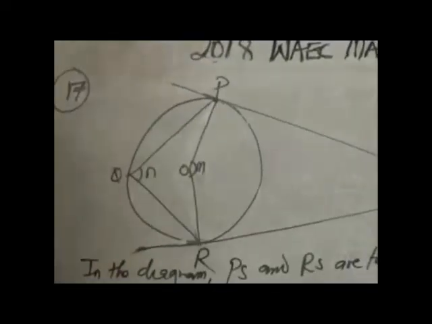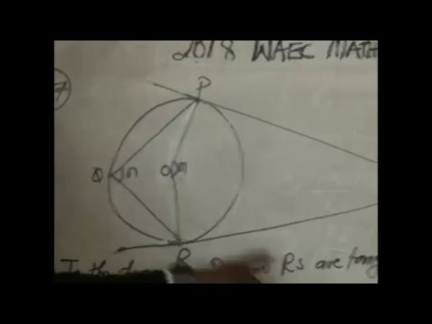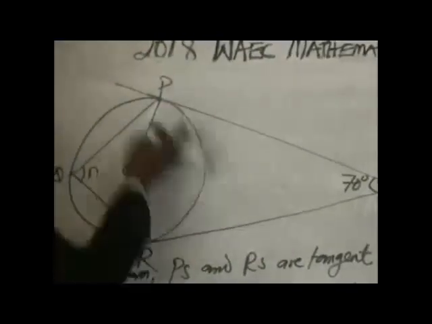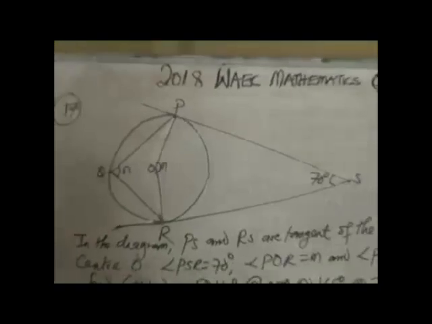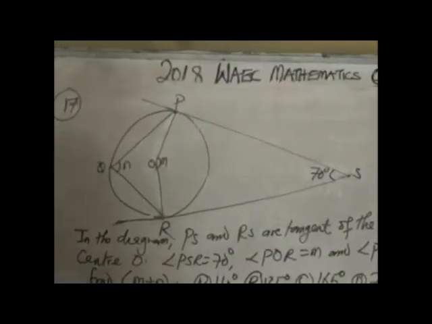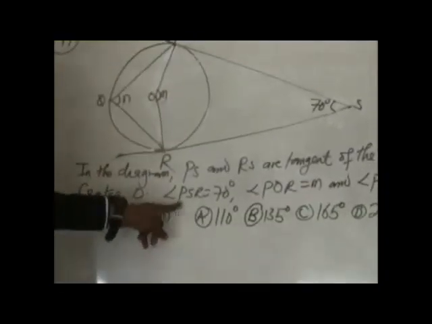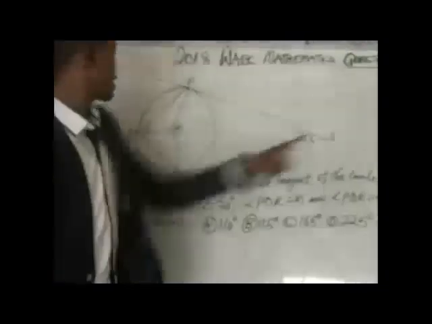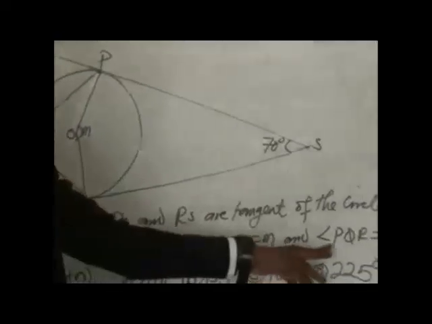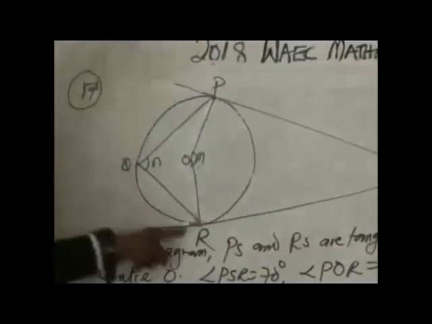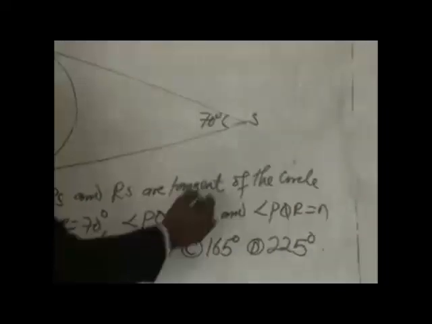So in the diagram above, PS and RS are tangents. Yes, you can see they are tangents because they are touching the circle, but they are not cutting across. Of the circle, center O, angle PSR, this angle, is 70 degrees, and angle POR is M. And angle PQR, this is PQR, is angle N degrees.